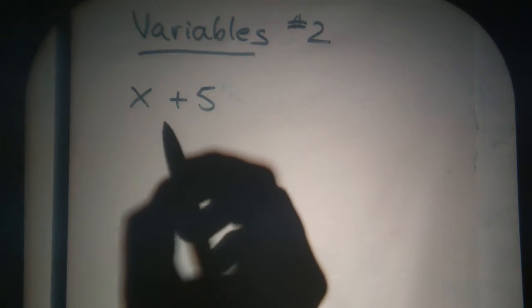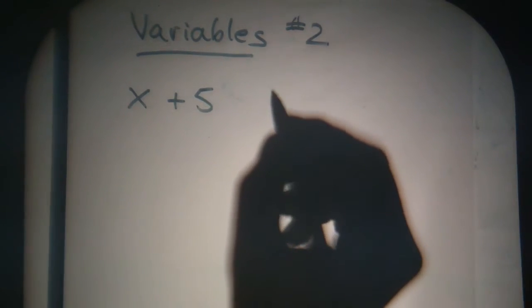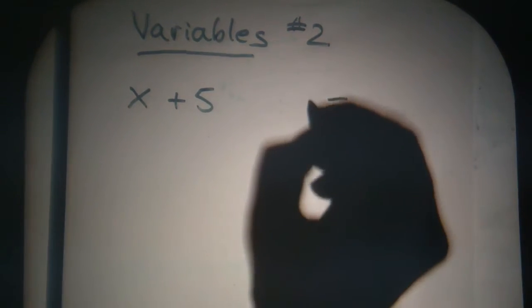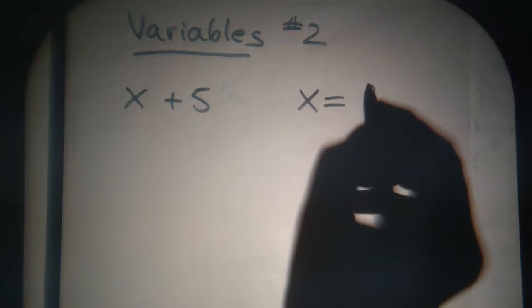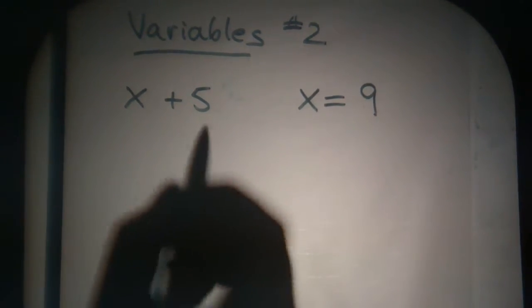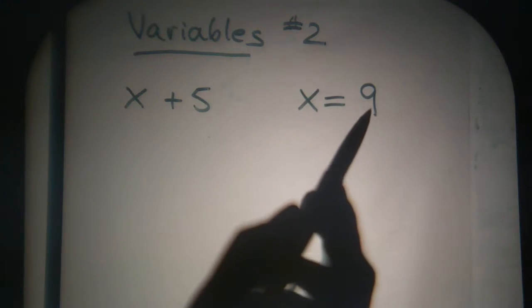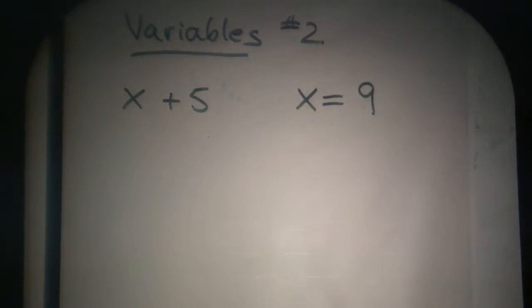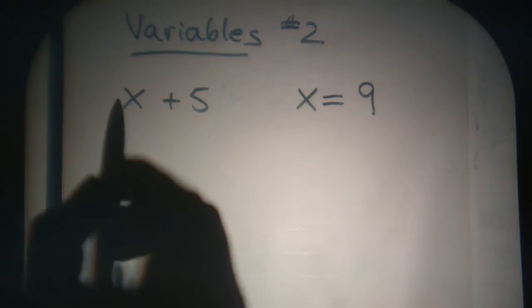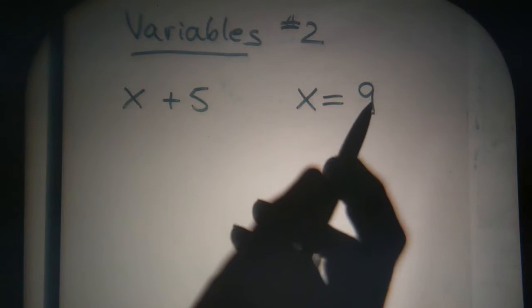Right now we don't know what x represents, but sometimes you come across problems where they're automatically going to tell you what x is. Let's say x at this point represents 9. You simply just plug in the 9 into the x spot. Since x equals 9, putting an x here is the same as putting a 9 here.